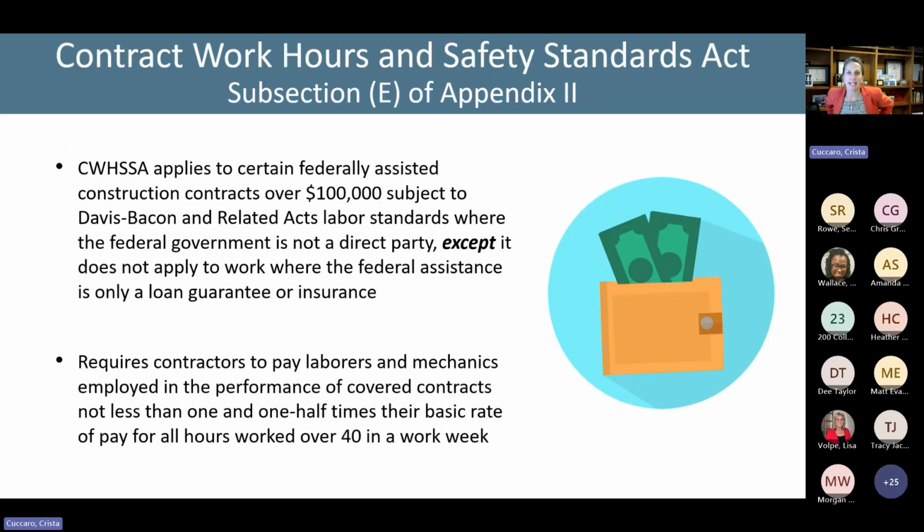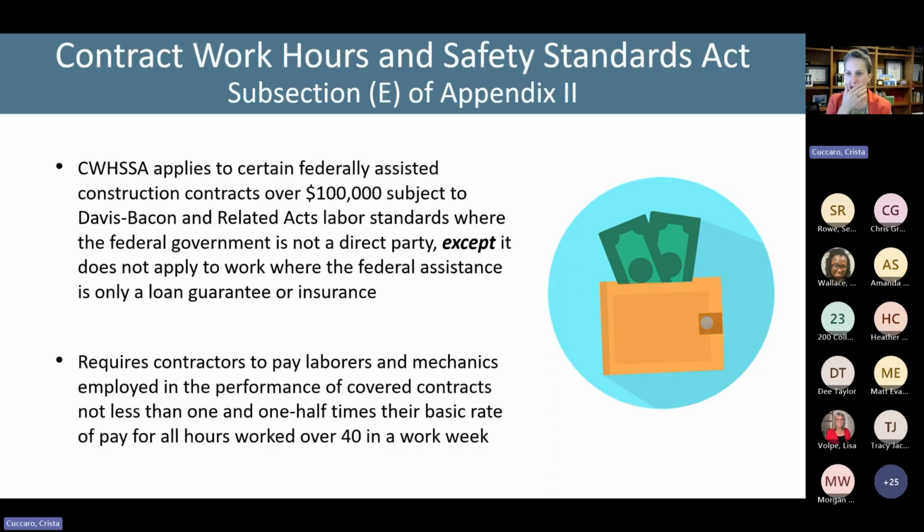Then also relatedly, we have the Contract Work Hours and Safety Standards Act. This is subsection E of Appendix 2, and this applies to federally assisted construction contracts over $100,000 subject to the Davis-Bacon related acts labor standards. So if Davis-Bacon applies, this one also applies if it's over $100,000.